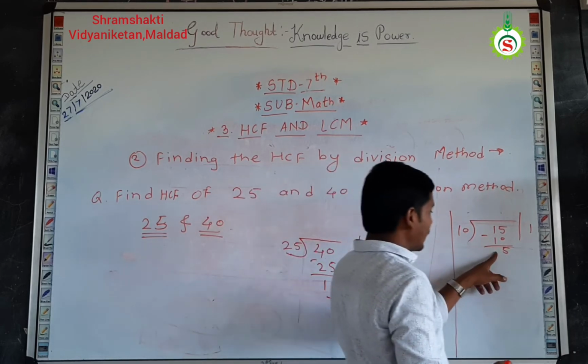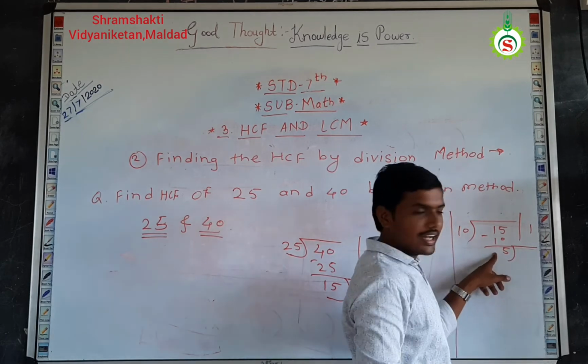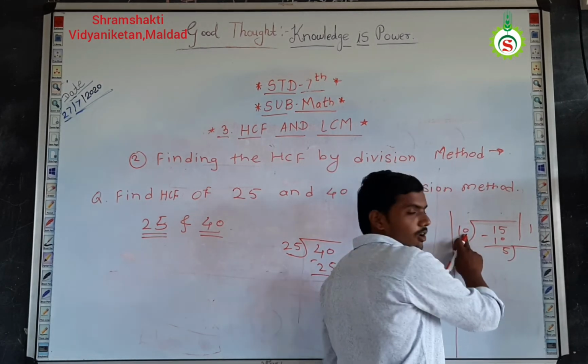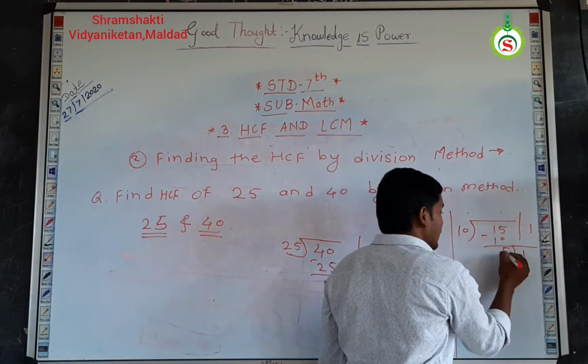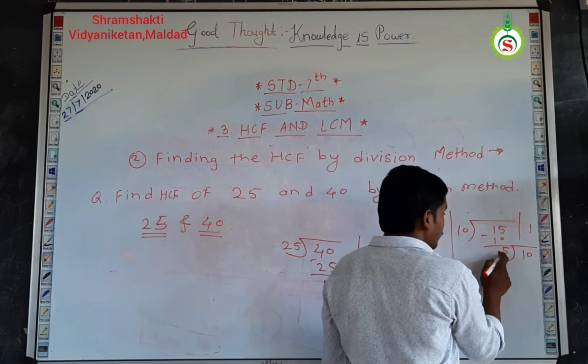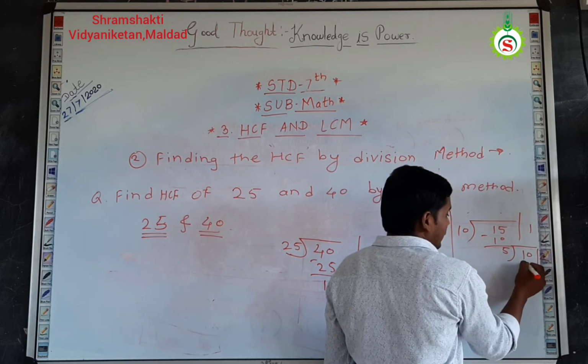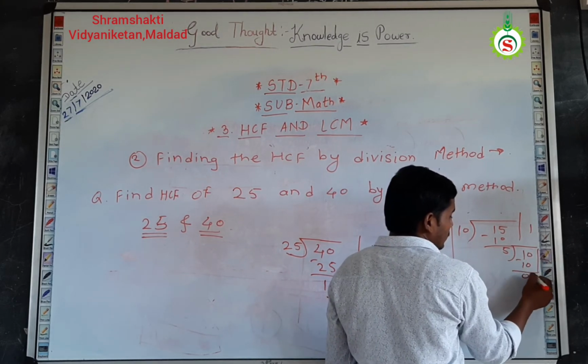Okay. Now what will be the remainder? 5 is the remainder. Now I have to again divide the divisor of earlier division by the remainder. So which is the divisor? 10 is the divisor. So I have taken here. So 5 ones are 5 and 5 twos are 10. So 10 minus 10 is 0.